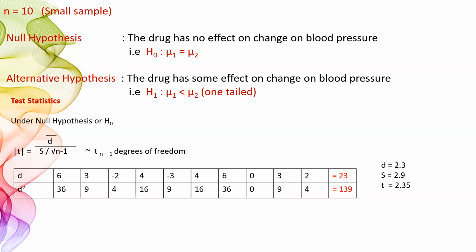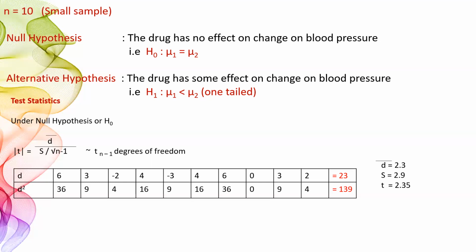The d values are 6, 3, minus 2, 4, and the d square gives 36 for 6 squared, 9 for 3 squared, 4 for minus 2 squared, 16 for 4 squared, 9 for 3 squared, and so on. Likewise, we find the totals. The total of d is 23 and summation d square is 139.